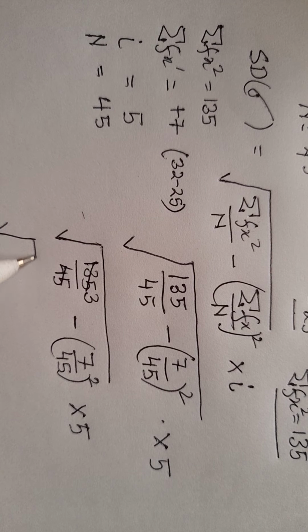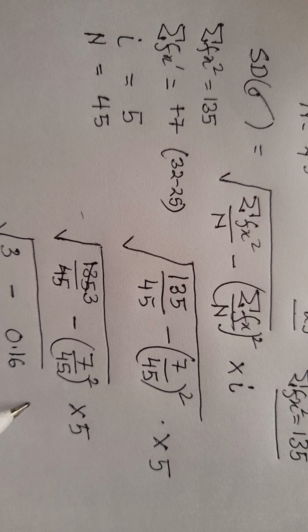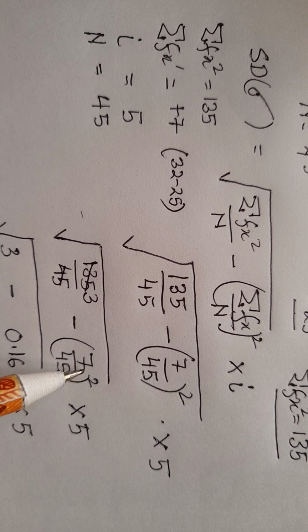Next step, 3 minus 0.16 into 5. Now you have to double this, 49 and 45 into 45, then you will get 0.16. You divide it and you get 0.16.